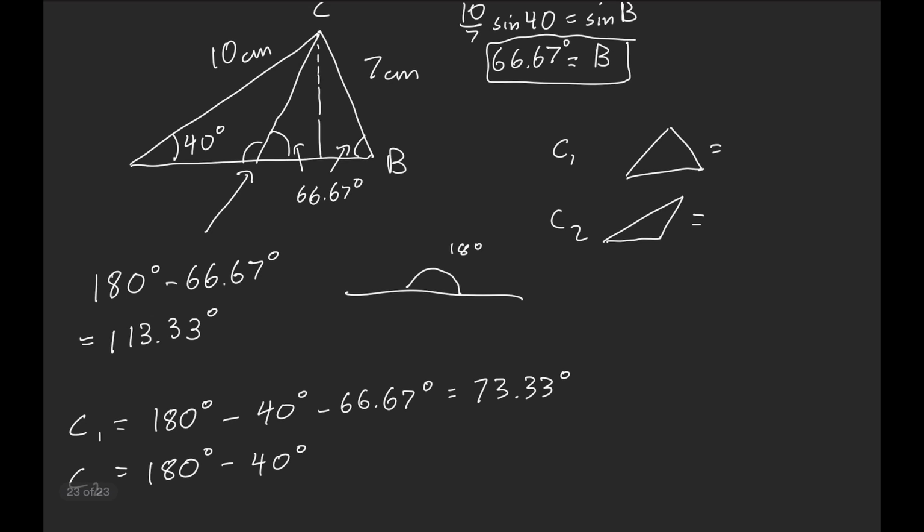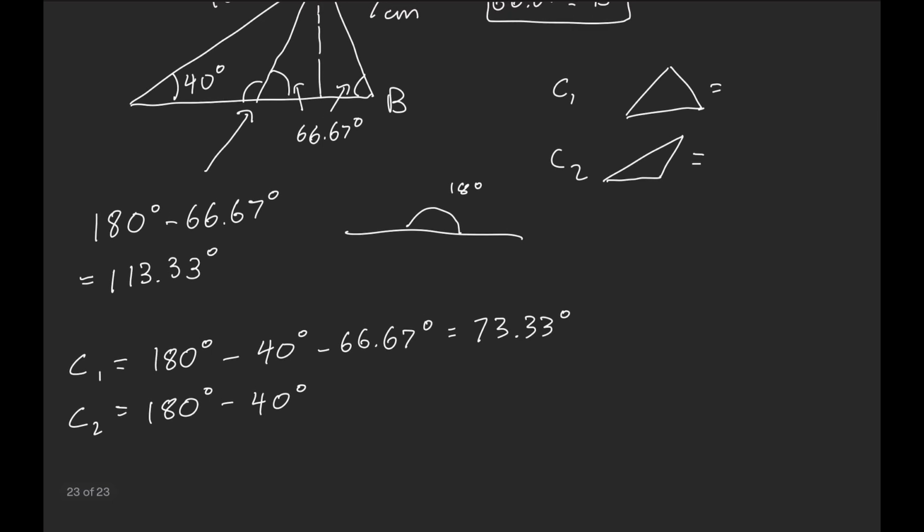C2 will give us 180 degrees minus, again, our angle A is fixed. But our angle B is not, and it is determined by which of the ambiguous cases we're doing. So we've used the first value of B, now we're going to use the second one. So now we're going to subtract 113.33 degrees. And we get 26.67 degrees.